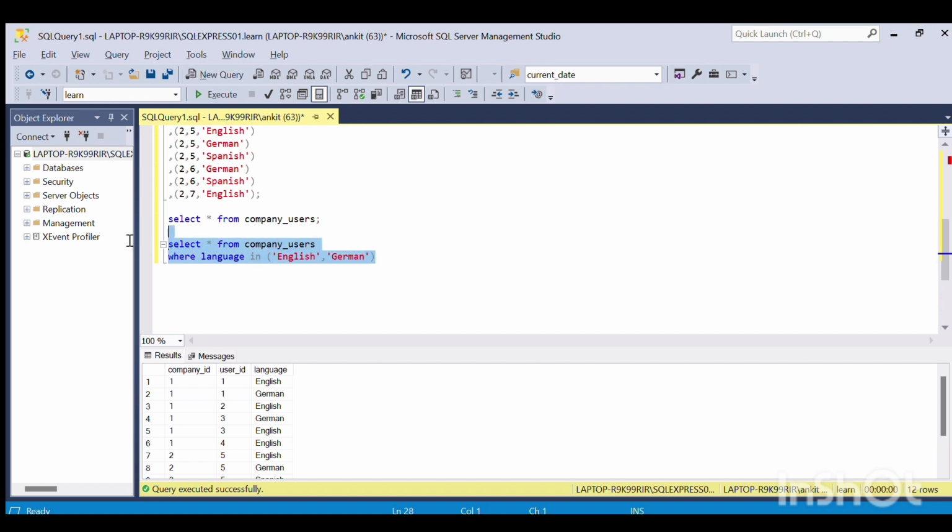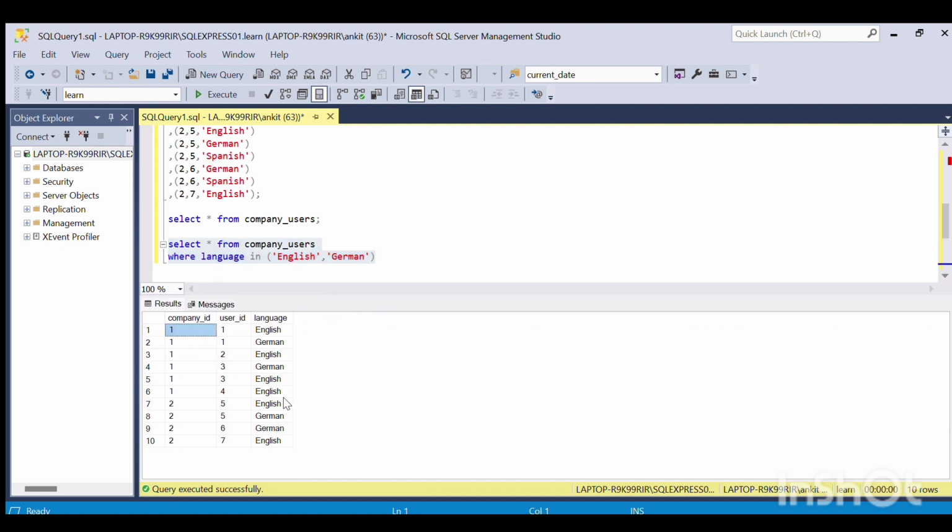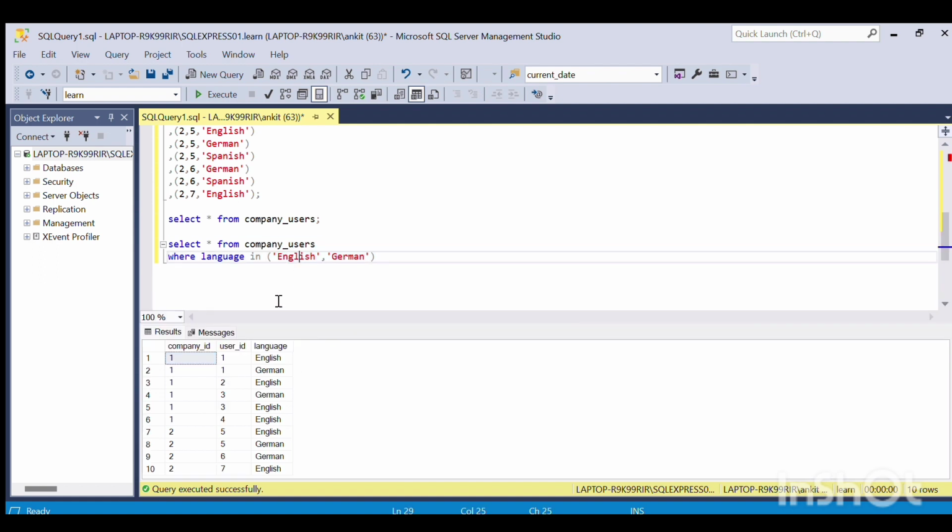Okay. So what we will get here is only the two languages, right? We'll get only the two languages, that is English and German. So now see here, in the language column, I'm getting only the two languages, English and German. So if we are going to count the users on the basis of the languages, suppose user 1 knows two languages.